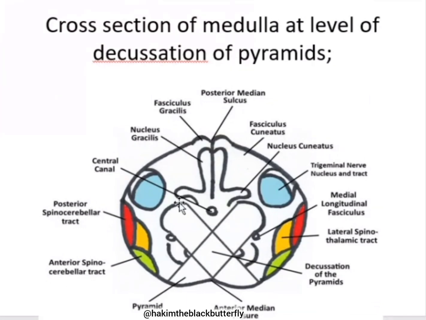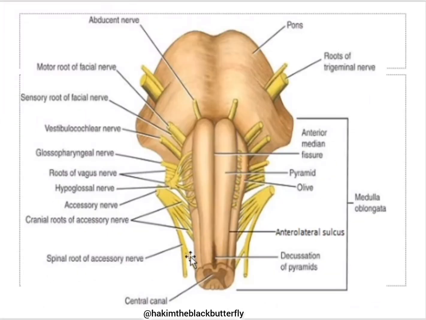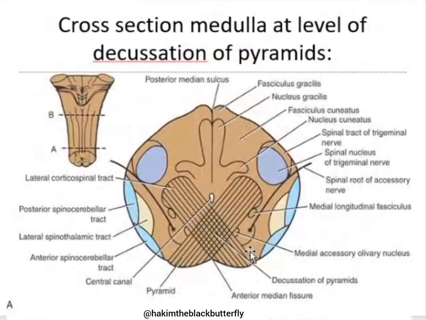So those are the major structures you see at the cross-section of the medulla oblongata at the level of the decussation of pyramids. These are the structures.